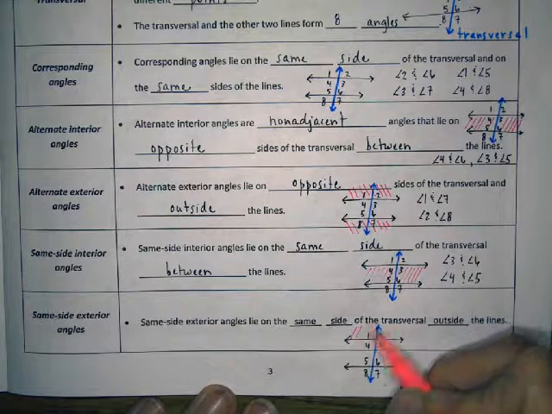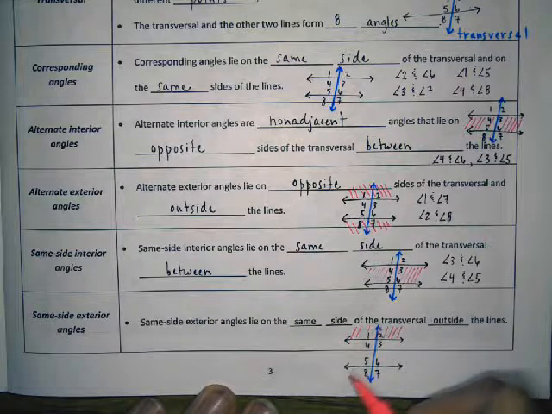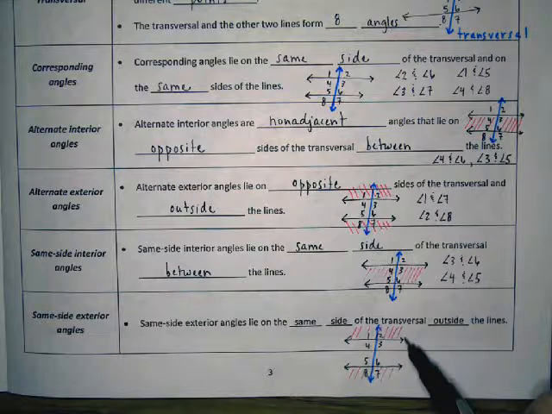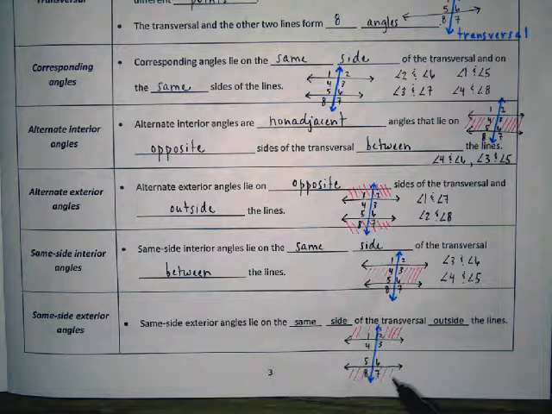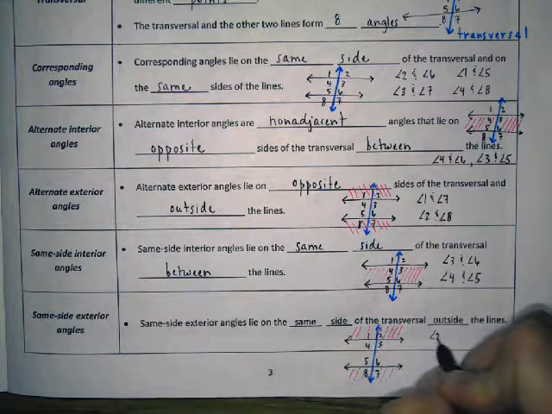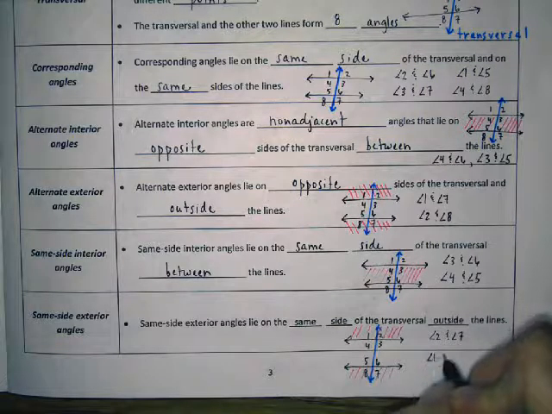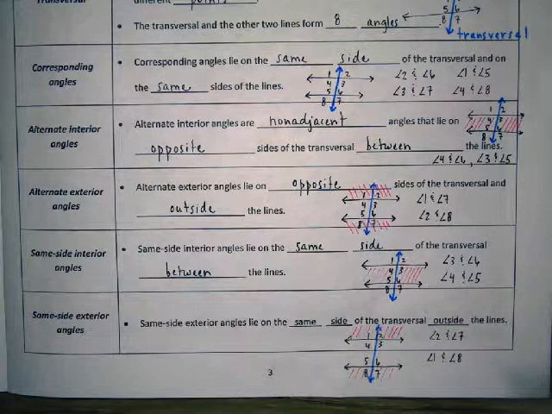So I'm outside of my 2 lines, in this pink region, and now I'm picking angles that are on the same side but outside the lines. So angle 2 and angle 7, and angle 1 and angle 8. So that's all the vocabulary we need.